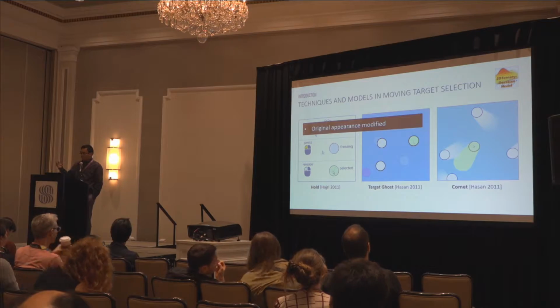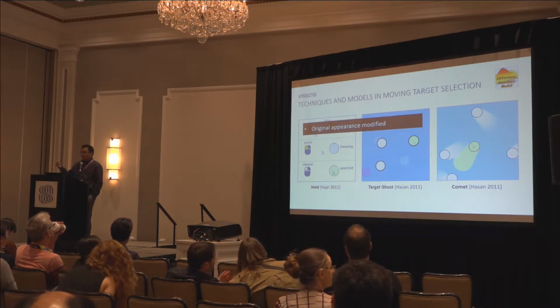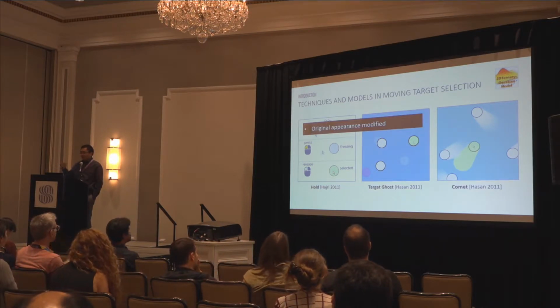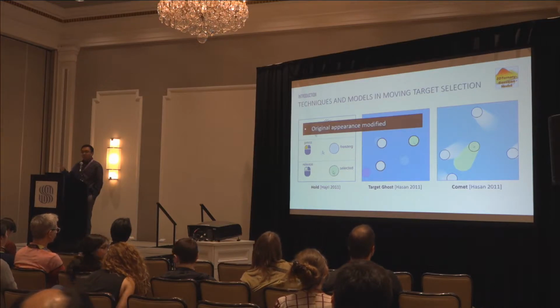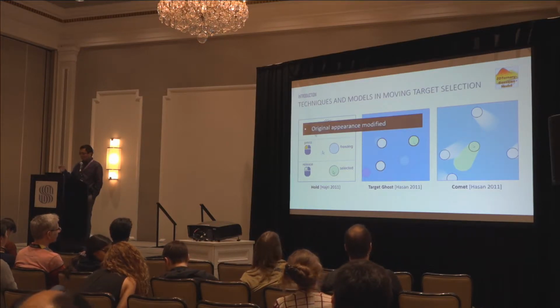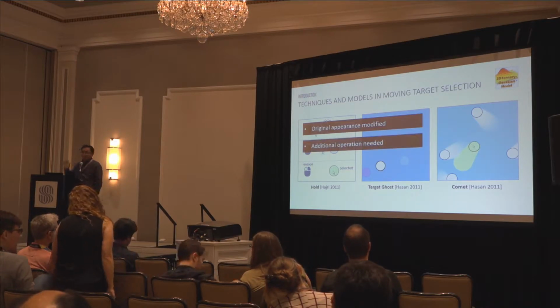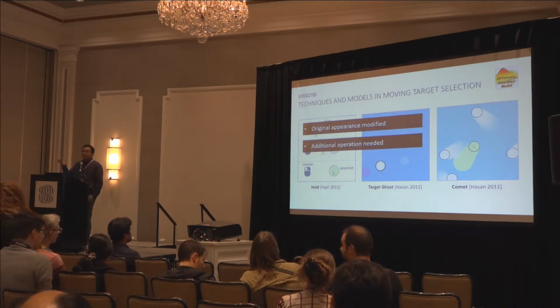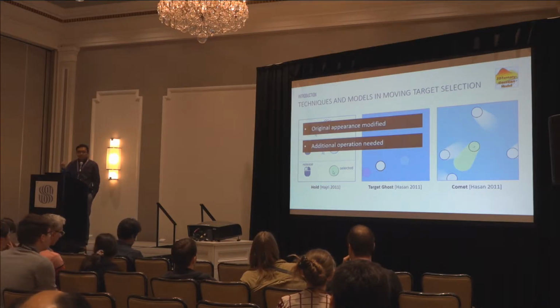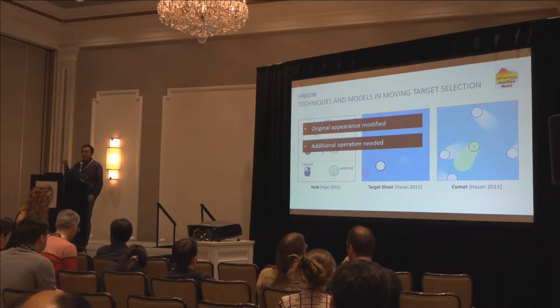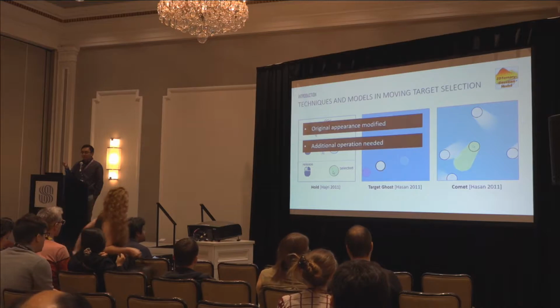Another approach is to modify the visuals of the interface, like showing the trace of the moving object, such as the comet or the target ghost, which might help with target selection. But you can see these methods either require additional operations or change the visual appearance of the object.